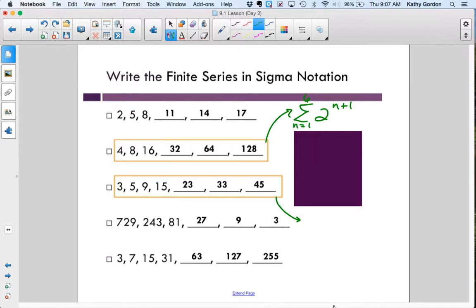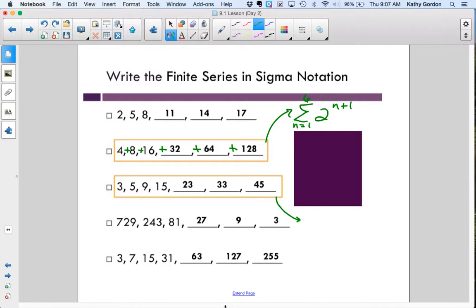So that's the sigma notation that represents the same thing as what we have written out. Okay? And technically, what that represents is this. Adding up those 6 terms, that's the sigma notation that represents the same thing.